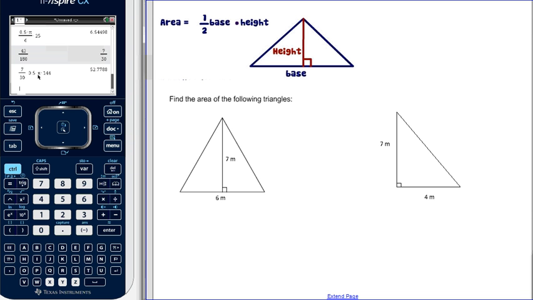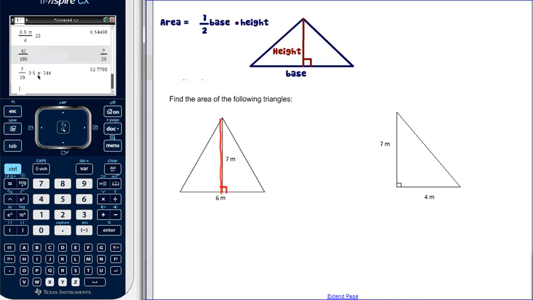Okay, area of a triangle. We have definitely found the area of a triangle before, or you have, I guess, in your life. We've always used the formula 1/2 base times height, right? But that only works if we're given a height that meets the base at a right angle.